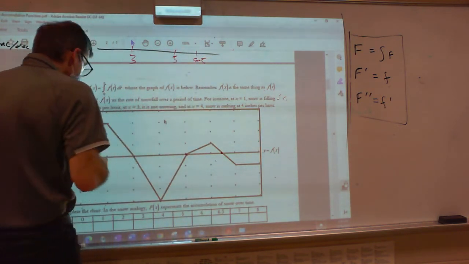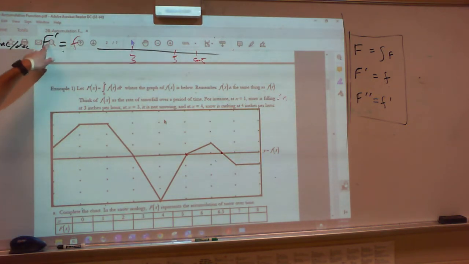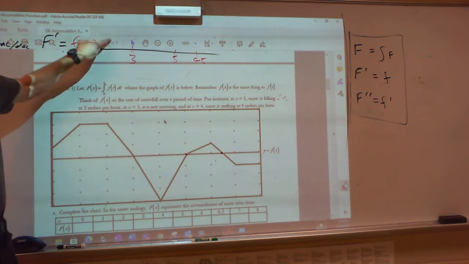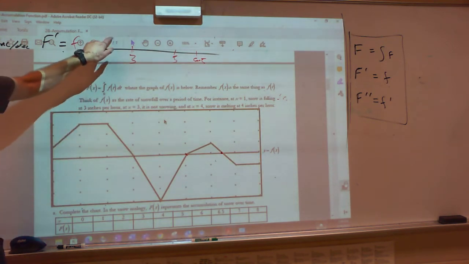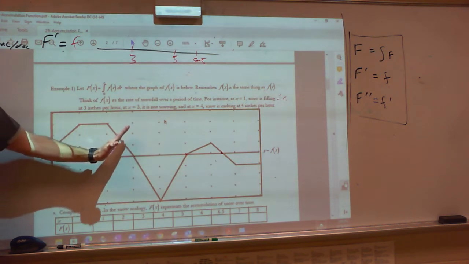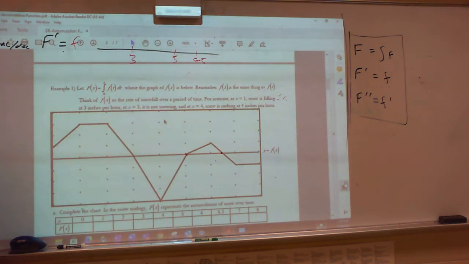Now, to finish our chart, I need to know, is big F prime positive or negative? Meaning, is little f positive or negative? What's the derivative of big F here? It's positive. Remember, we don't know what big F or big F prime is.